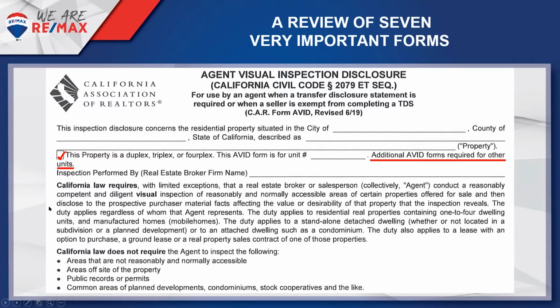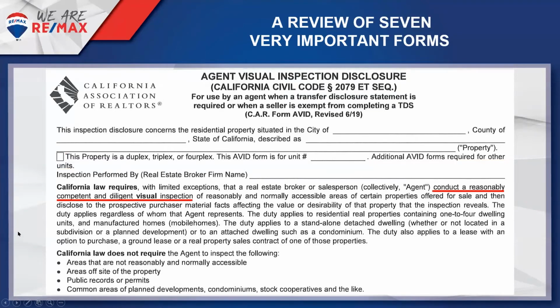So if you have a 3-unit transaction, it's possible to have one TDS, but you would have 3 AVIDs. Or if you're the listing agent, you would do 3 AVIDs. And again, I would recommend you do 3 TDSs and clearly mark which unit each TDS is for, but that's not legally required.